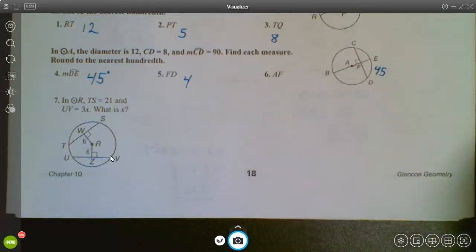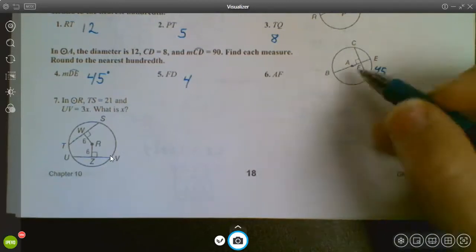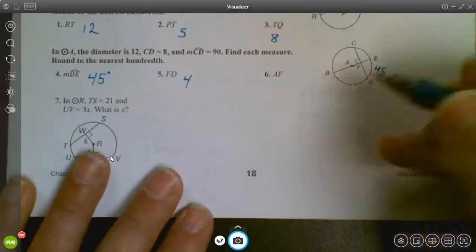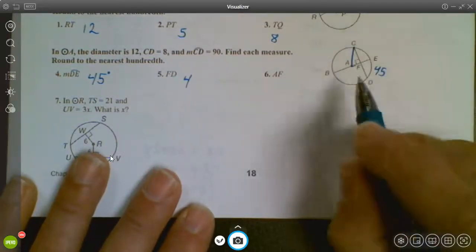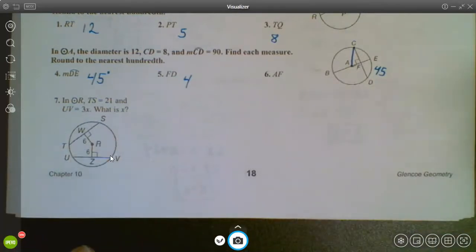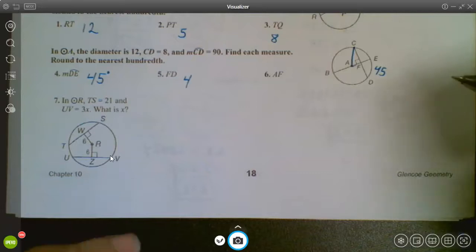Guys, this is just like what we did in the last problem. I want to redraw the radius to show the right triangle. So this radius, like where you see AB, couldn't we also draw the radius right there and create a right triangle? Absolutely. We just showed that up above, why that would work.